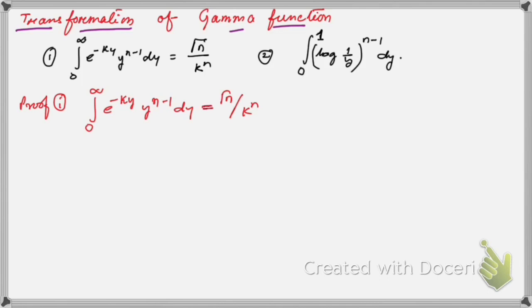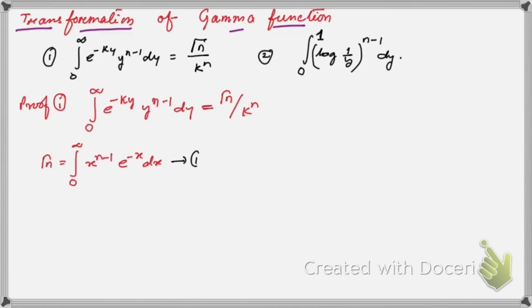So we know the definition of gamma function, that gamma n is equal to the integral from 0 to infinity of x to the power n minus 1, e to the power minus x dx. That is the definition of gamma function, right? So this is, suppose, equation number 1.